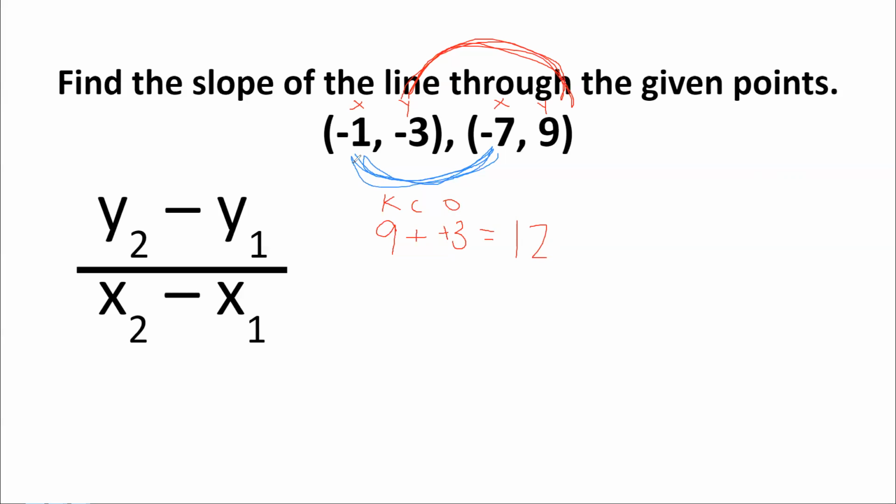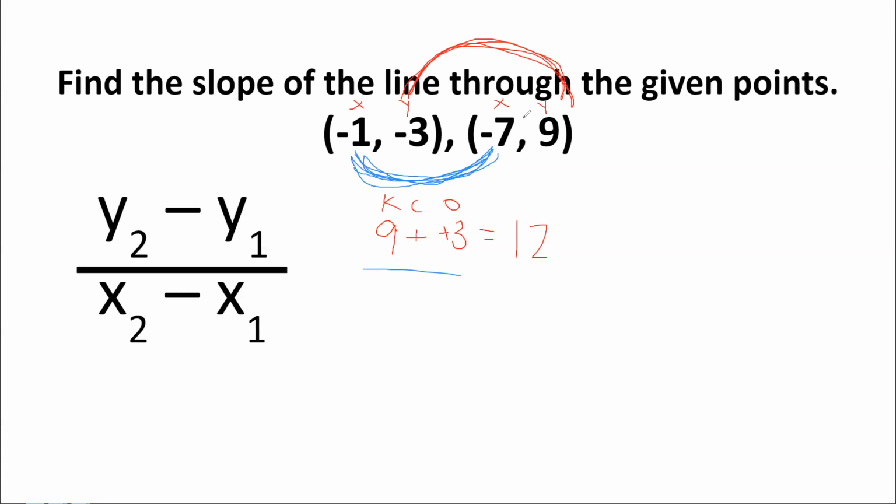And then on my bottom, I'm looking at my two x's. So just like before, I took 9 minus -3. So I'm going to take -7 minus -1. Make sure you're going in that same direction. So I took from the second point first, that's my first number, and then I took from my first point second, just like how that equation's written, y2 minus y1.